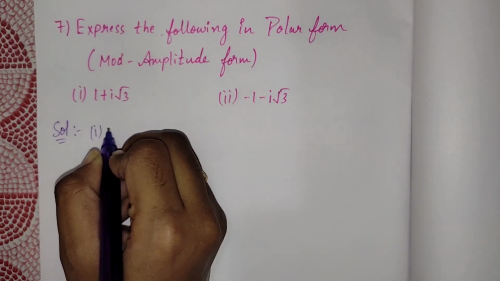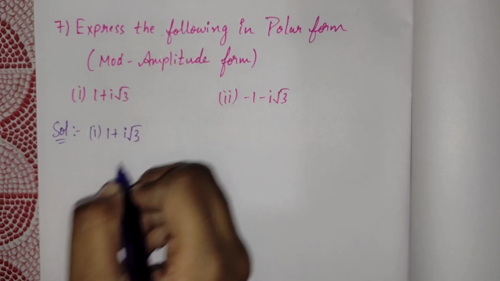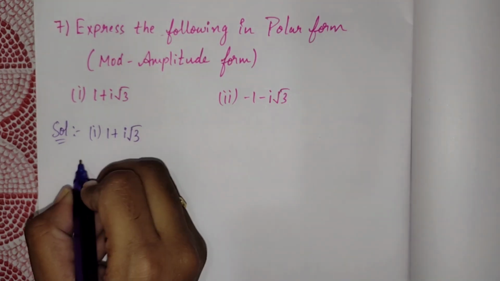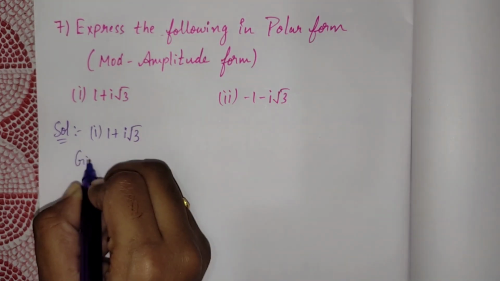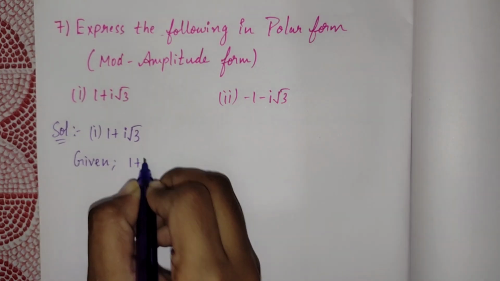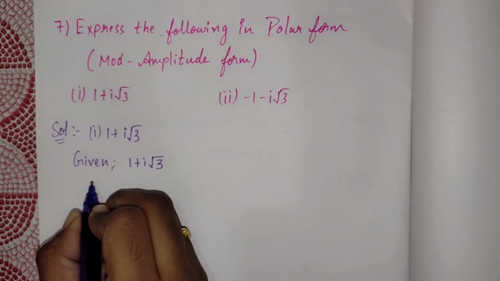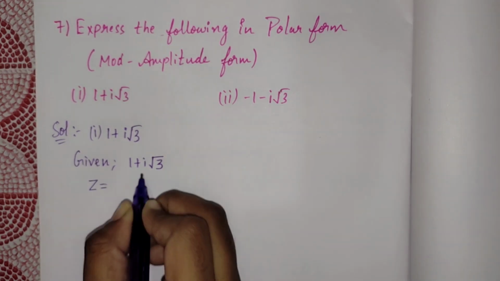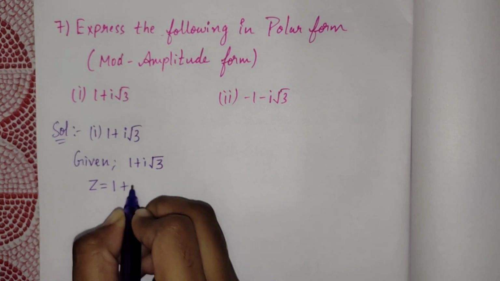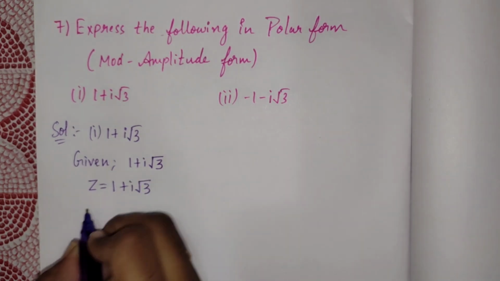First sub question we are going to solve. Given 1 plus I root 3, assign with z. Z equal to 1 plus I root 3.